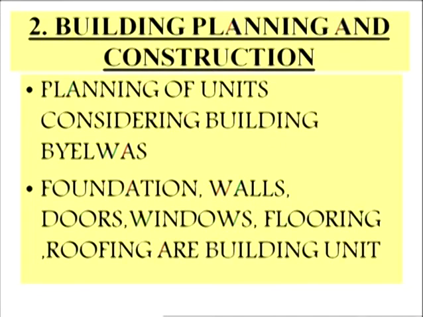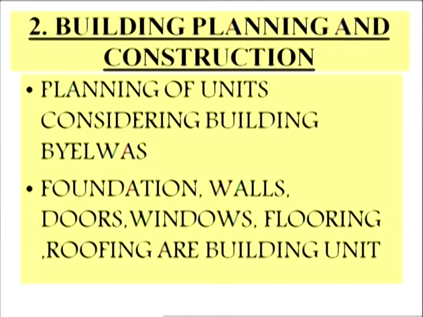Suppose you plan a school building, then the different units of the school building will be the classrooms, the laboratories, the library, the toilets, the principal's office, staff room, and many other facilities, a sports ground, etc. So these different types of units are to be planned.